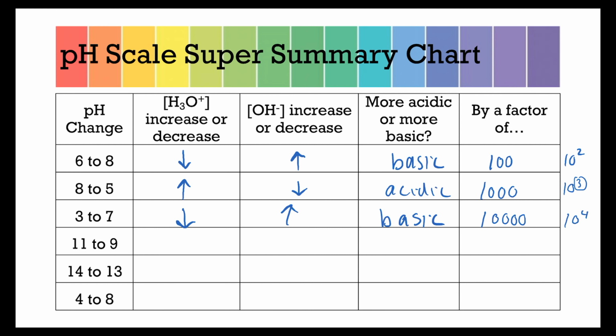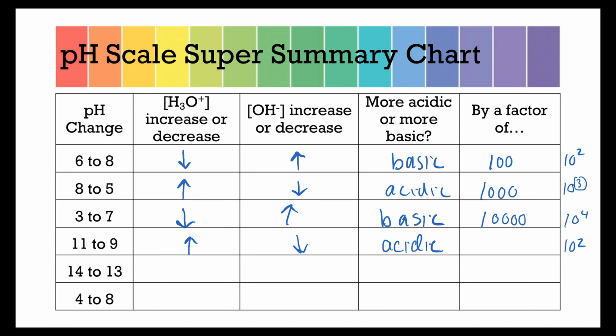Moving forward, going from 11 to 9, your pH is going down, so you're becoming more acidic. If you're becoming more acidic, your H3O plus goes up, OH minus goes down.